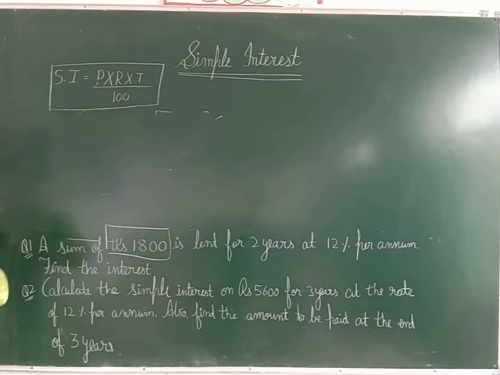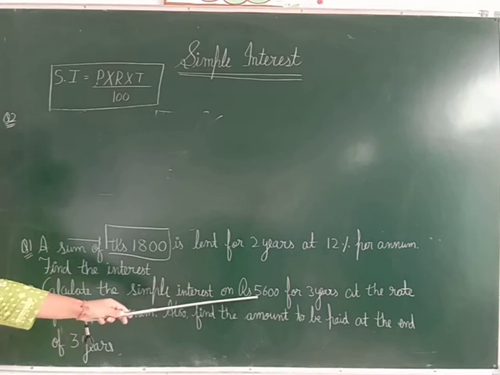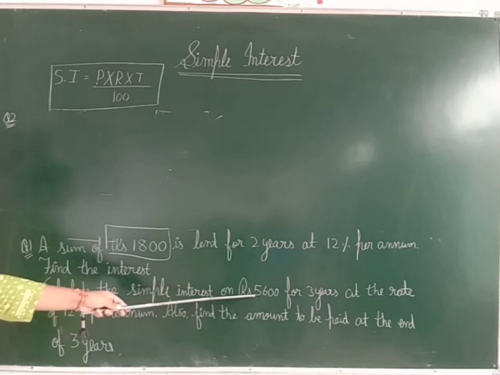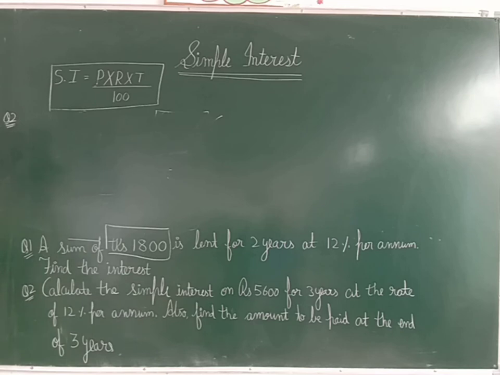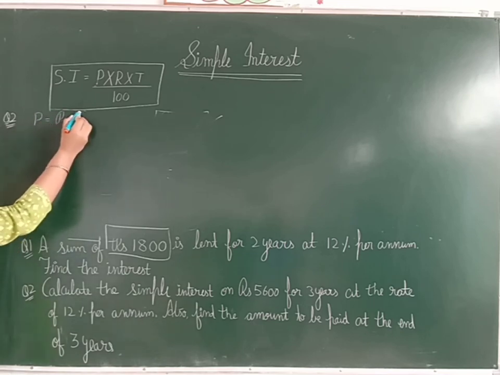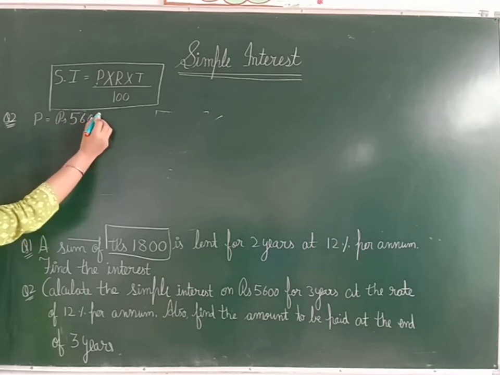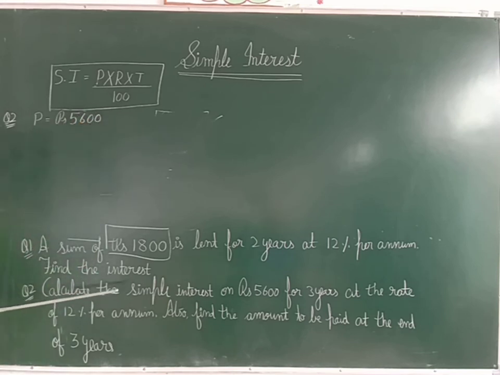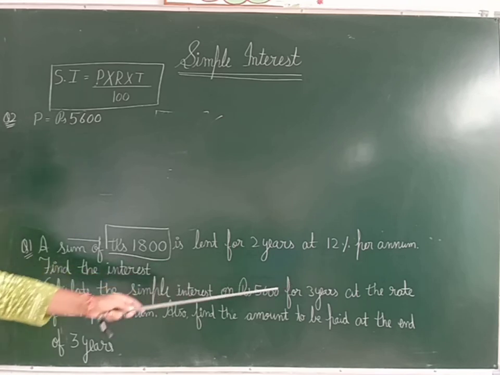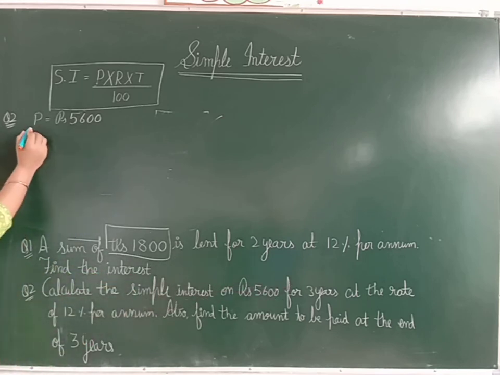So in question number 2, what is given? Principal has been given. This is your starting amount. So principal P is equal to rupees 5,600. And then time in this case is 3 years.